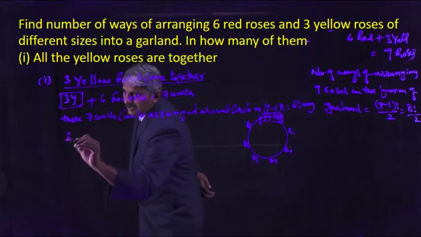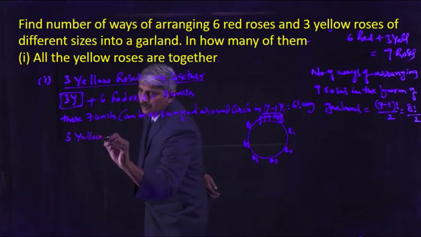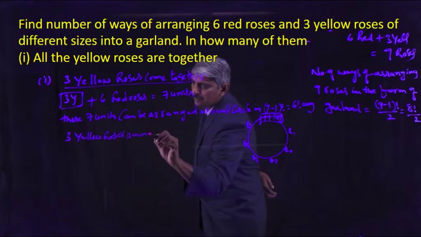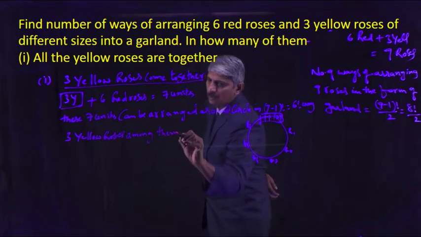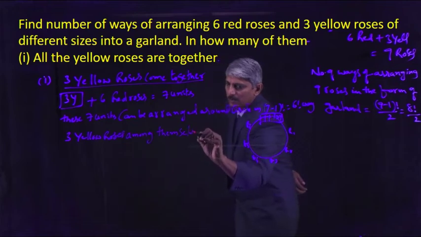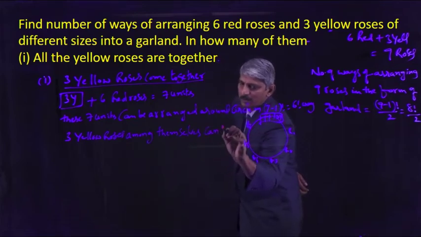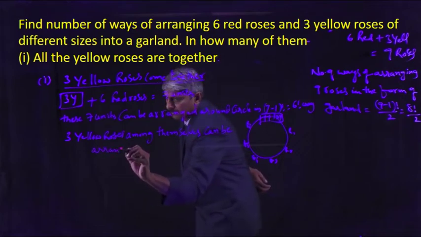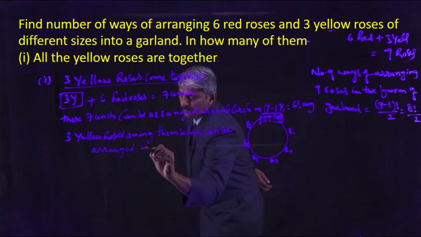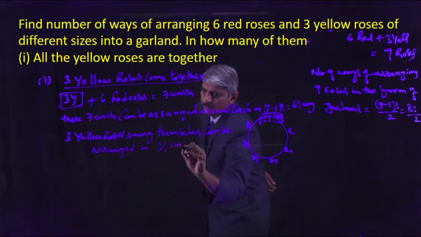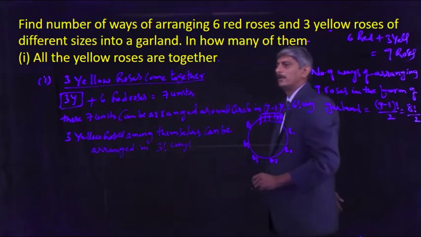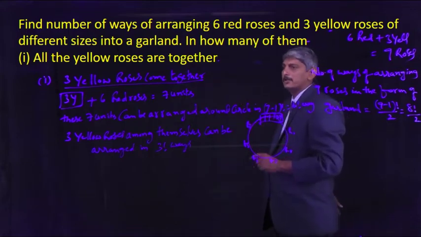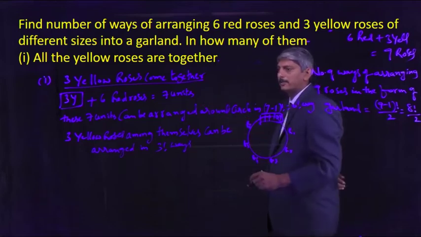Now, 3 yellow roses among themselves can be arranged in how many ways? 3 factorial ways. This is the first operation and this is the second operation.